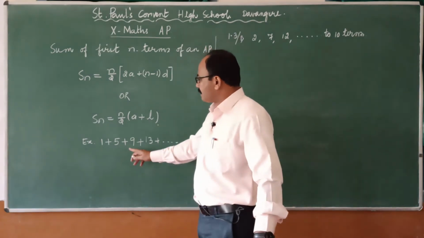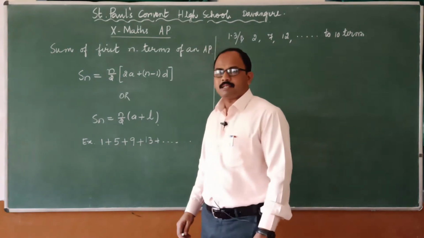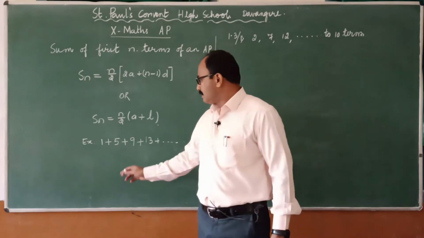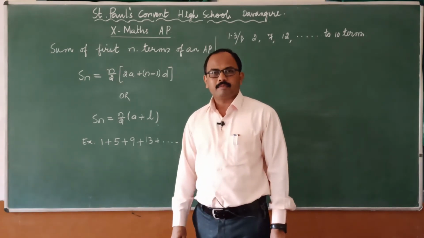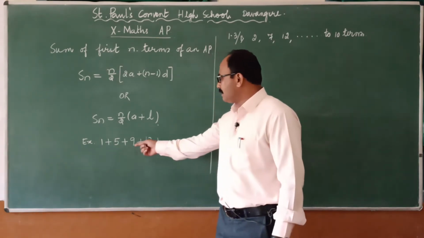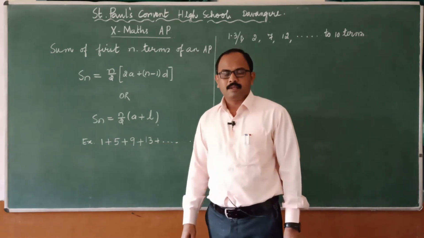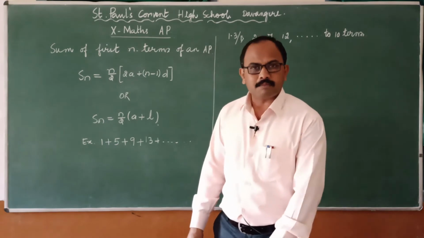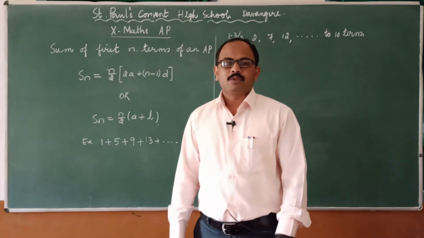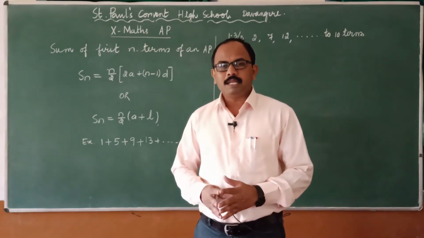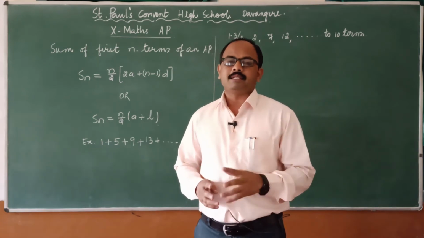An example I have taken: 1 plus 5 plus 9 plus 13, etc. This is in AP. A sum will be given: find the sum of 20 terms, find the sum of 50 terms. Likewise, to find out the sum, we need two formulas, children.